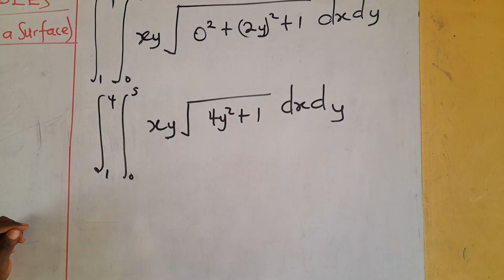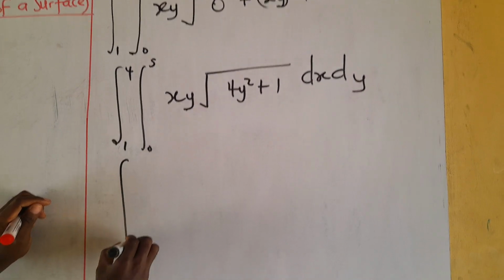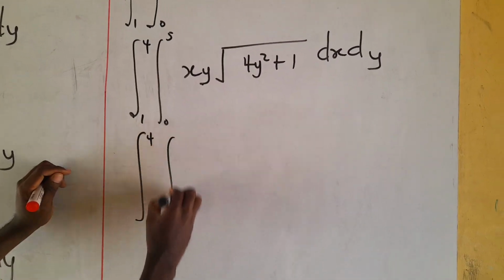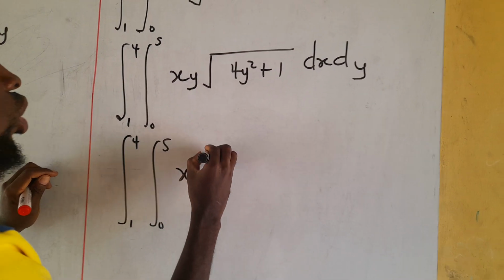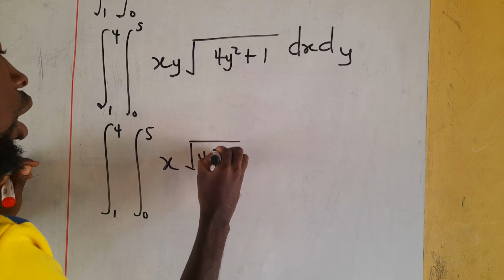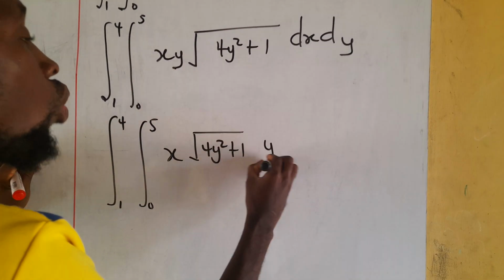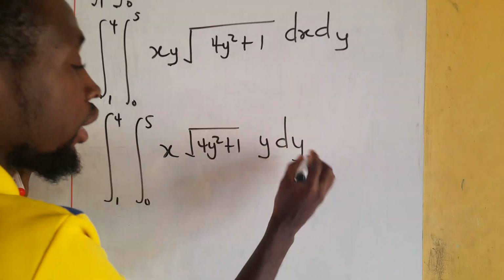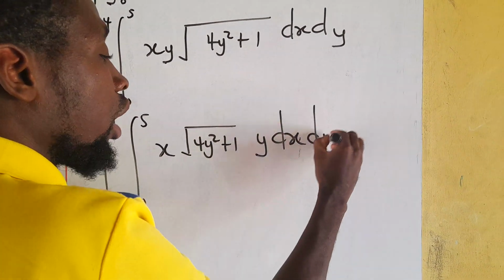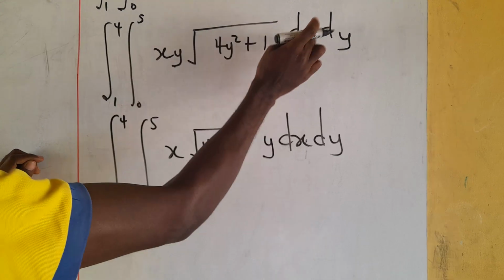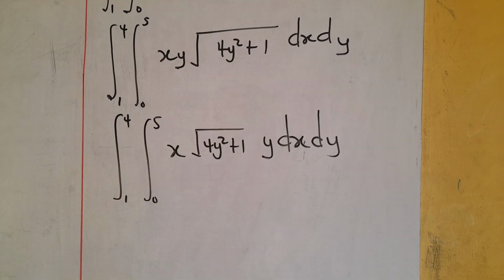I can rewrite this problem as the integral from 1 to 4 and the integral from 0 to 5 of x times the square root of 4y squared plus 1 times y dx dy. I hope you get that. I just brought this y here. It's not anything new.